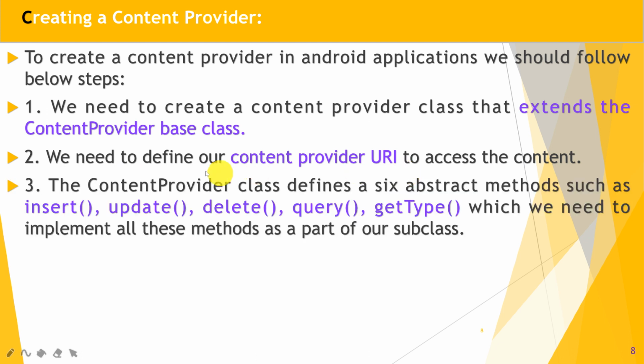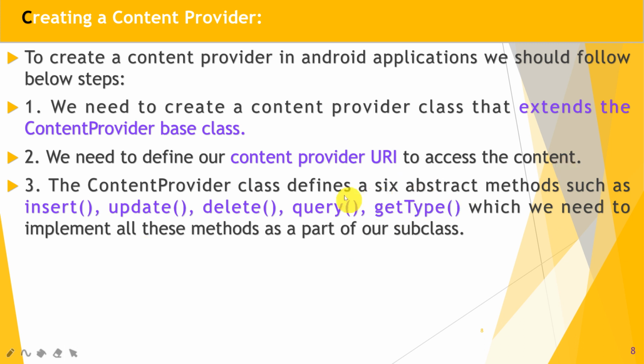The content provider class defines 6 abstract methods such as insert, update, delete, query and get type. We will see in the example part, which we need to implement all these methods as a part of our subclass, because all these methods are abstract.